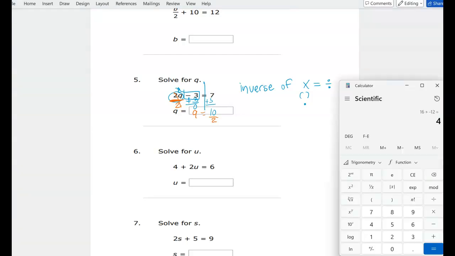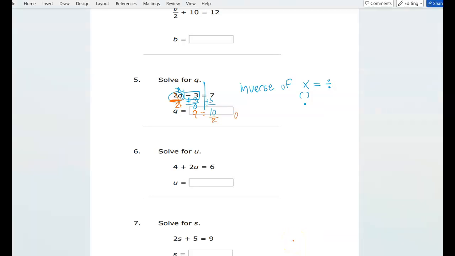I know the answer, but I want you to see it in the calculator. 10 divided, that's the division sign, right there. 10 divided by 2 equals 5. So Q equals 5. There's your answer.